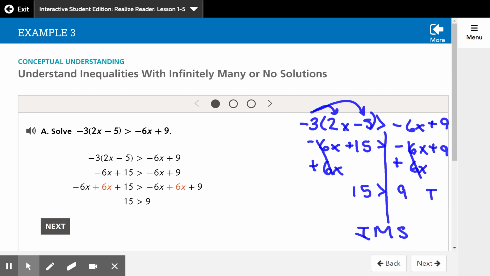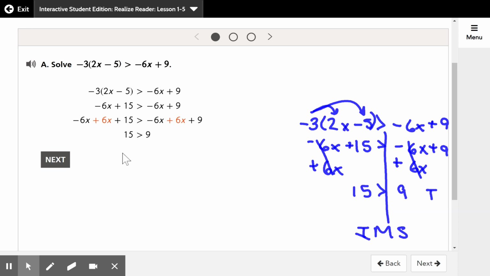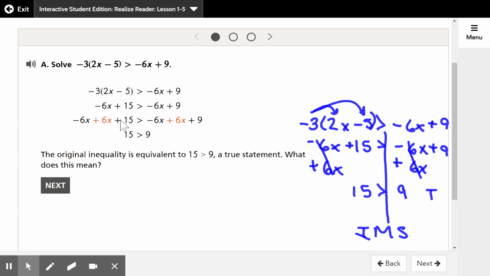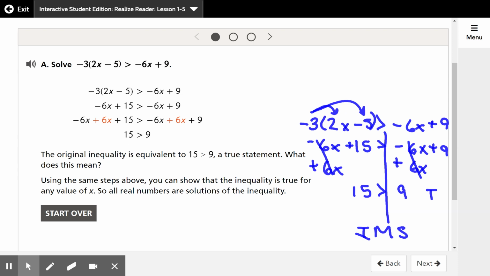They like to show their work horizontally, which is fine. And then they got 15 is greater than 9 as well. So the original inequality is equivalent to 15 is greater than 9, which is a true statement. So you can show that this inequality is true for any value of x. So it's all real numbers, and you can put that too.